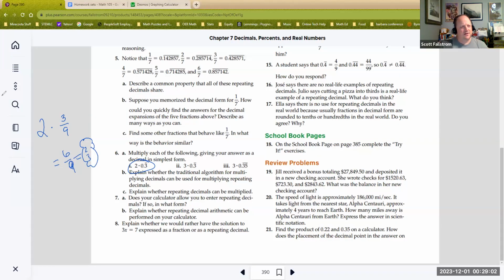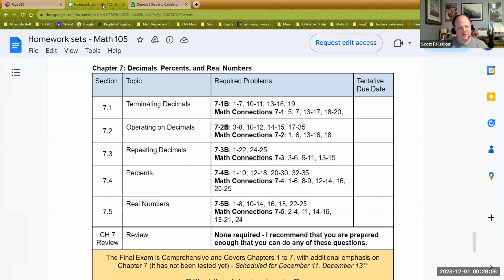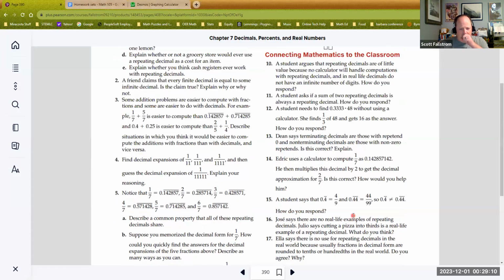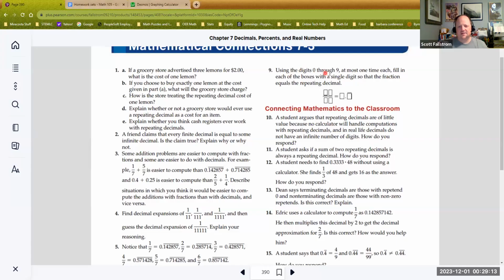Let's take a look at the other ones that I have selected. 3 through 6, 9 through 11. All right, using the digits 0 through 9 at most one time each, fill in each of the boxes with a single digit so the fraction equals the repeating decimal.